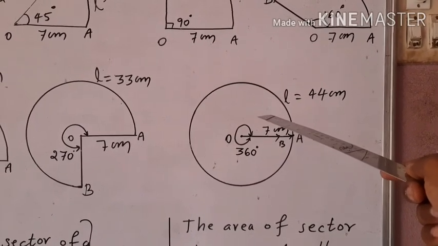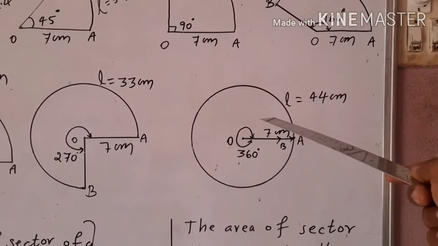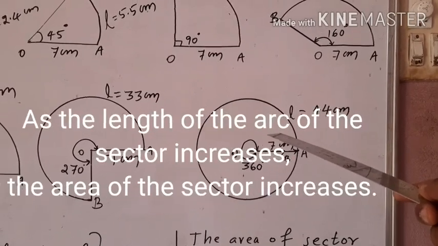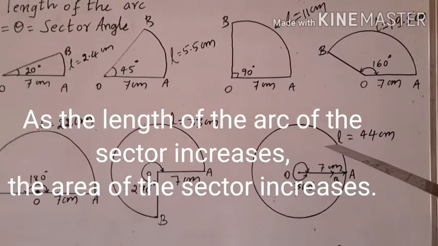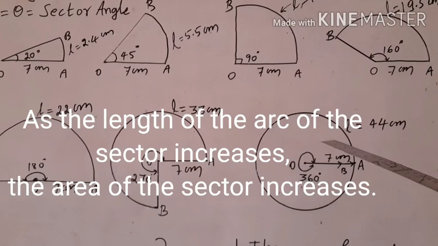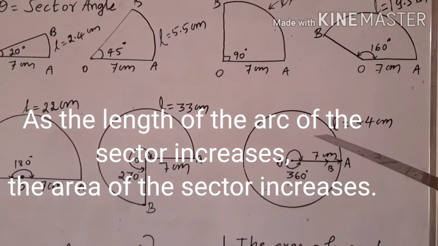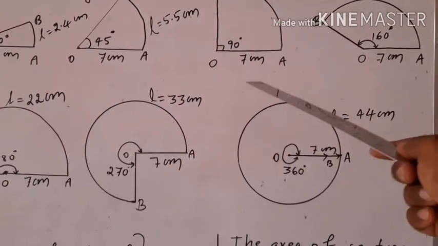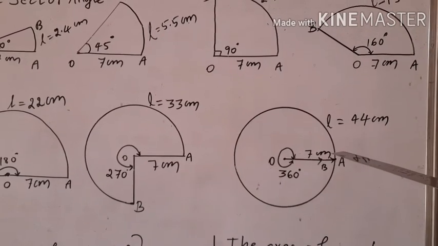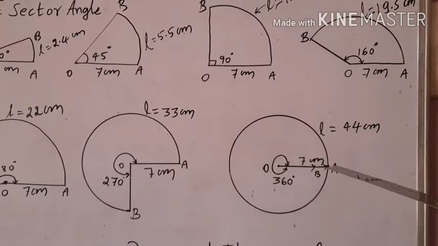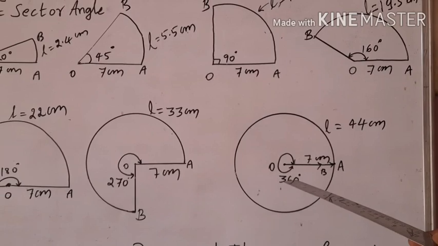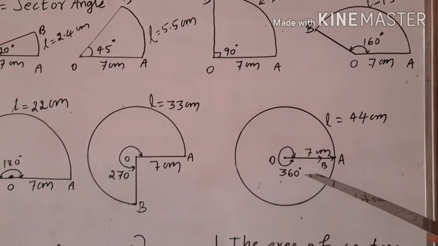Is it clear? So from this activity we learn that as the length of the arc of the sector increases, the area of the sector increases, and when the length of the arc is one full circle, meaning equal to 2πr units, then the area of the sector is πr².